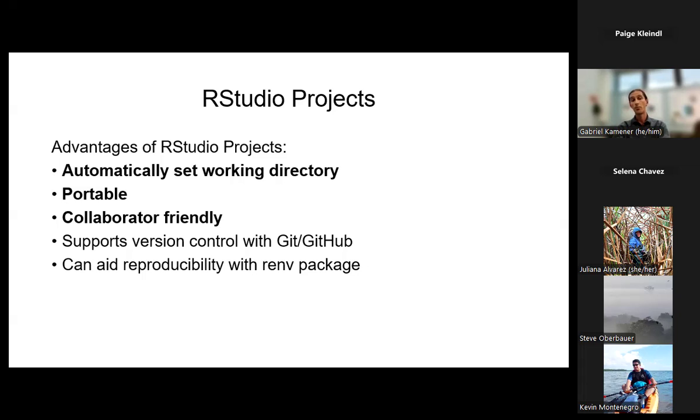RStudio projects also support version control with Git and GitHub, and they can aid reproducibility with the renv package. I won't be covering those last 2 points today, but getting the initial 3 points covered, which really comes down to automatically setting that working directory, gets you really set up for those last 2 points.